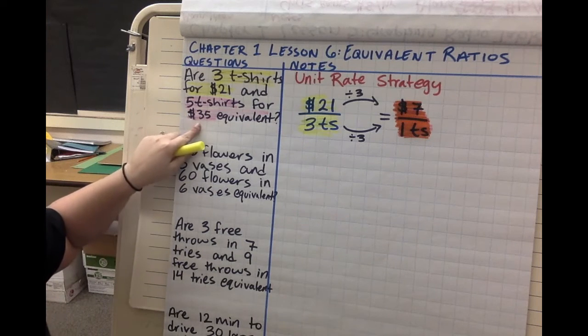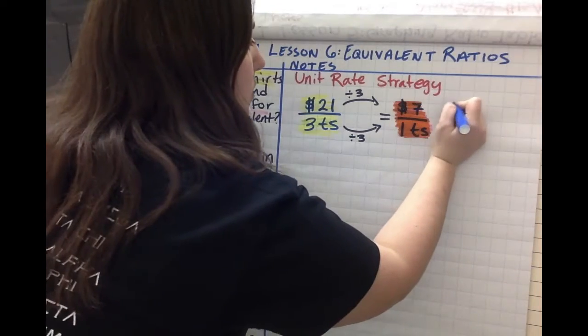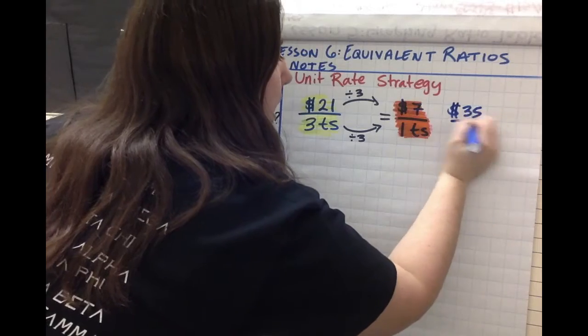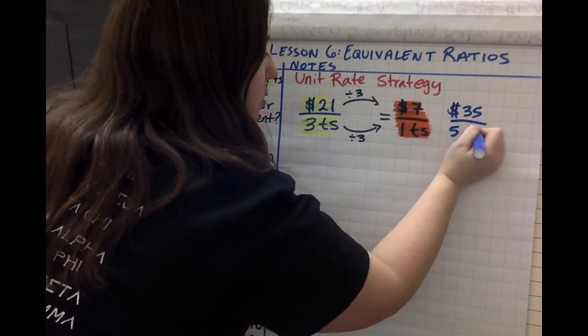So 5 t-shirts for $35. We're going to compare the unit rates. So that rate would be $35 for every 5 t-shirts.